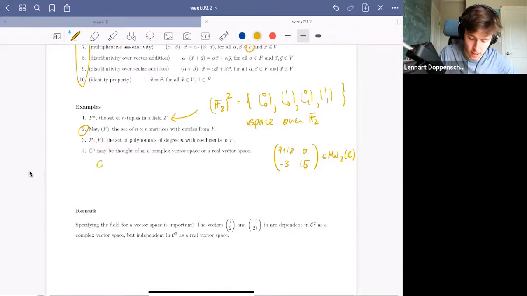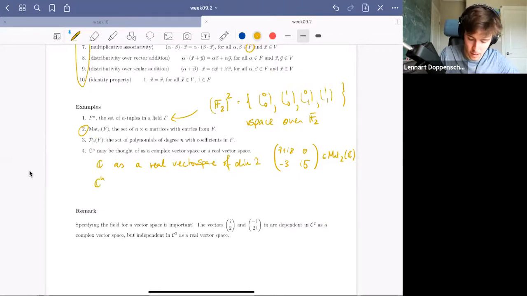The complex numbers can be thought of as a real vector space of dimension 2, because remember we had the basis 1 and i.